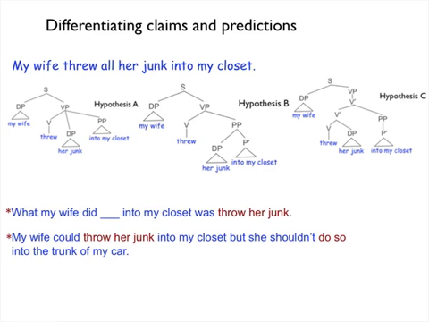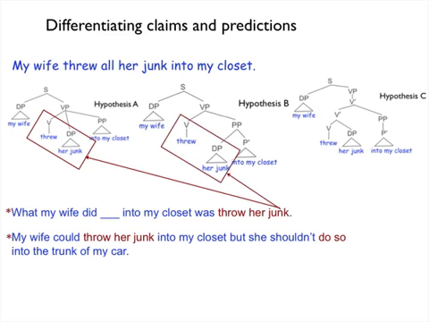Same kind of problem, right? Maybe these aren't even all that bad, but they're not really good, right? So only hypothesis A would explain why these are bad. Well, not just hypothesis A, but hypothesis B would too, actually, because both of those claim that "throw her junk" is not a constituent.